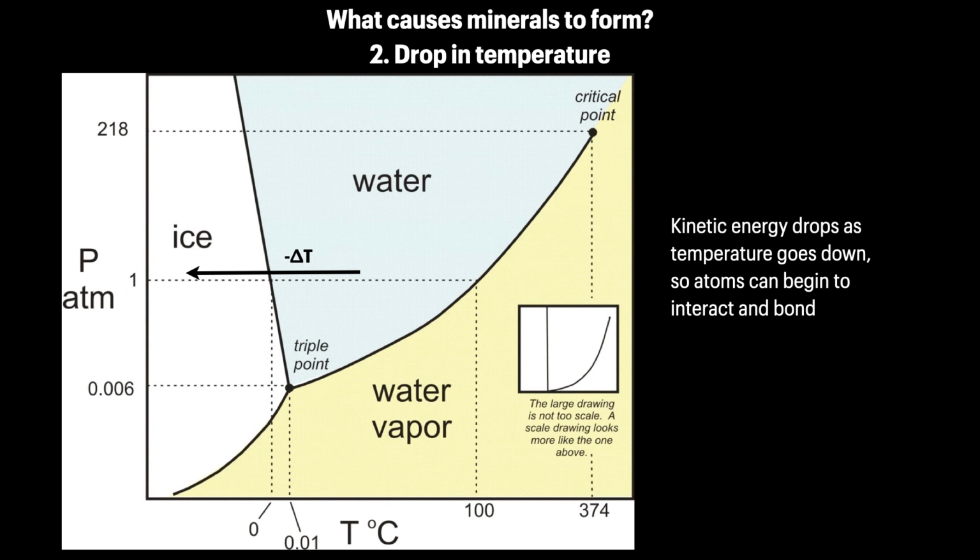If you take water and cool it at the same pressure, it will form ice because those water molecules will begin to bond together as the kinetic energy of the whole system drops. The atoms aren't moving around as much. If atoms or molecules are moving around a lot, they don't like to bond together. Slow them down by dropping the temperature, and they begin to bond and form minerals.